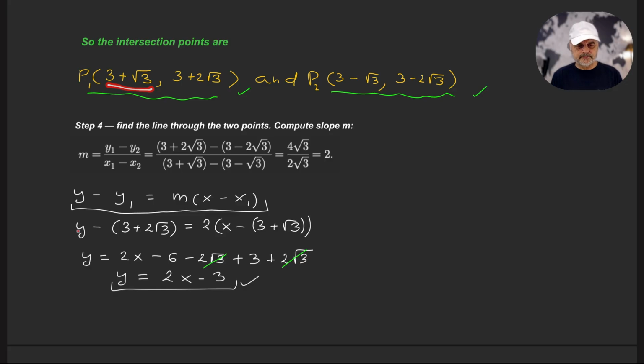So this is y minus y1, which is 3 plus 2 radical 3, equals 2, the value of the slope, times x minus x1. So x1 from P1 is 3 plus root 3. Then you have to carefully distribute and combine like terms and say y is equal to mx plus b after that.